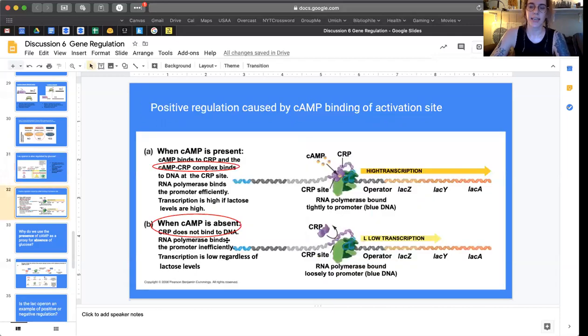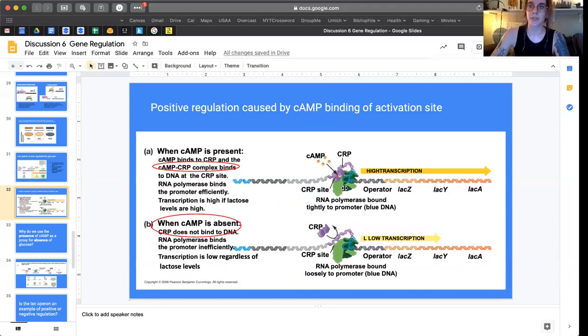But first, I just wanted to say that in this binding site, the thing that's essential in order for this to be activated is the CAMP molecule. The CAMP and CRP are going to bind together and form a complex, which forms this shape that can fit into the activation site.